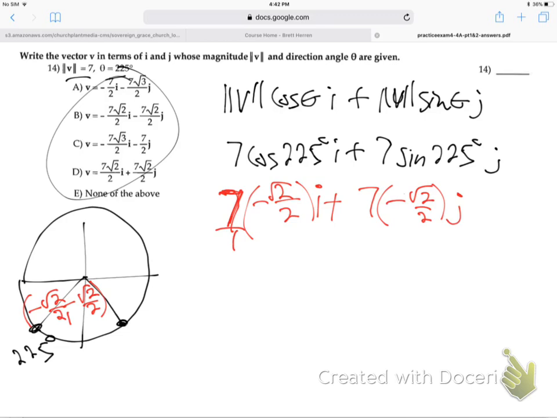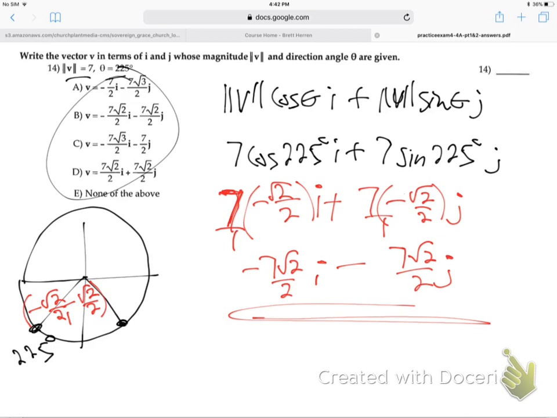So 7 over 1 goes to the top, so negative 7 root 2 over 2 i, negative 7 root 2 over 2 j. So there we go. Which one is that? Both negative 7 root 2 over 2. So it looks like B on number 14.